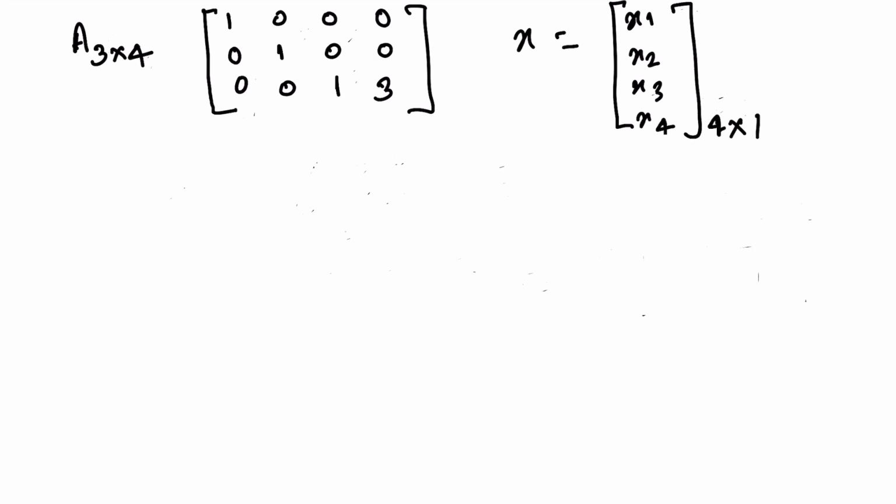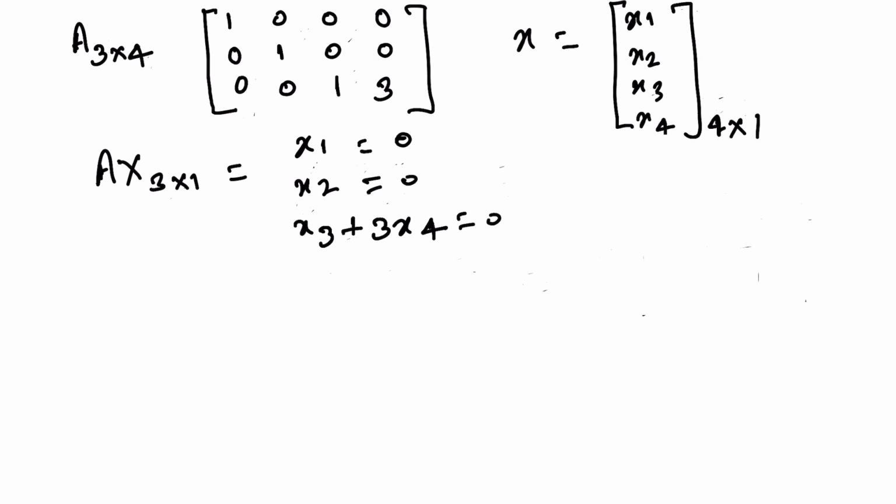So just multiply. The product will be 3 into 1: x1, then x2, then, first row, second row, third row, x3 plus 3x4 equal to 0.